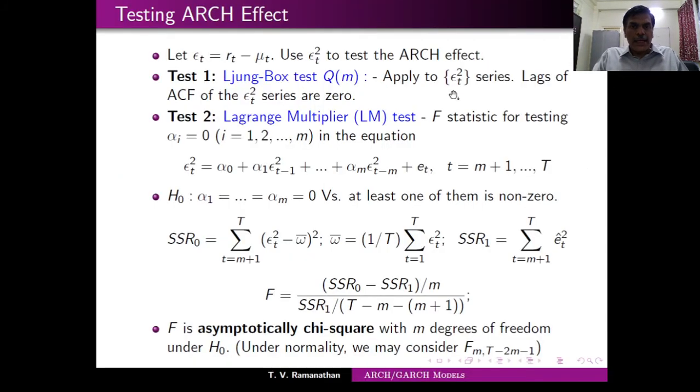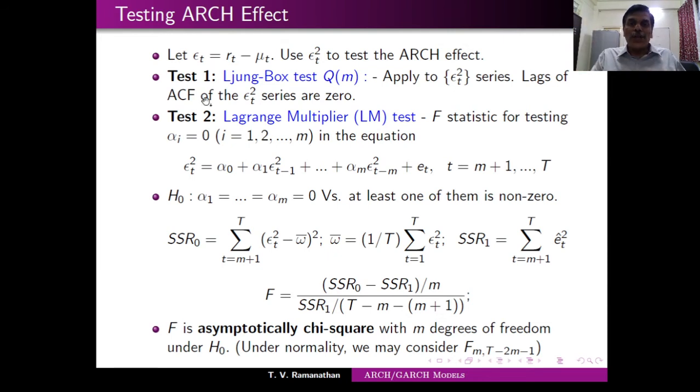Let's go back. There are some statistical tests available for this. Because you are looking at correlations, one test we have already learned is the Ljung-Box test. The Ljung-Box test basically sums the estimated autocorrelations and divides appropriately so that you can have a distribution theory attached.